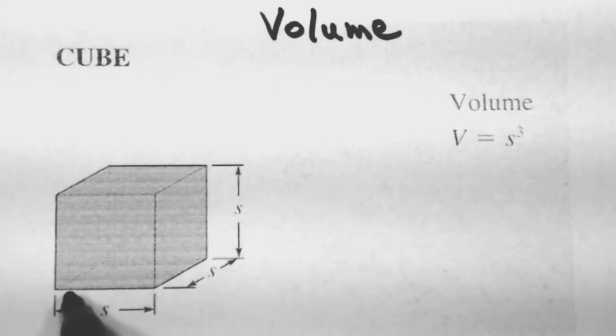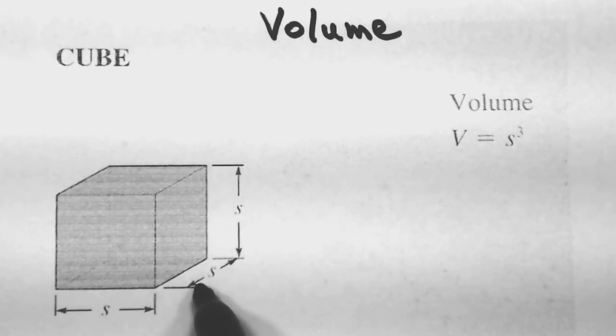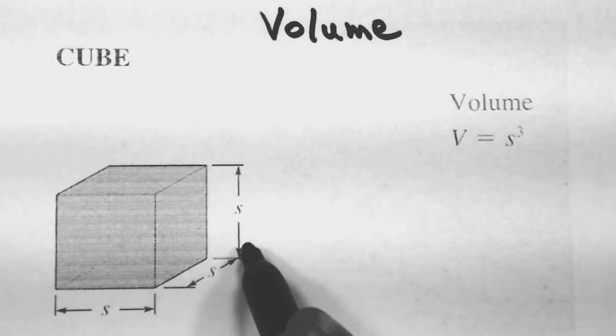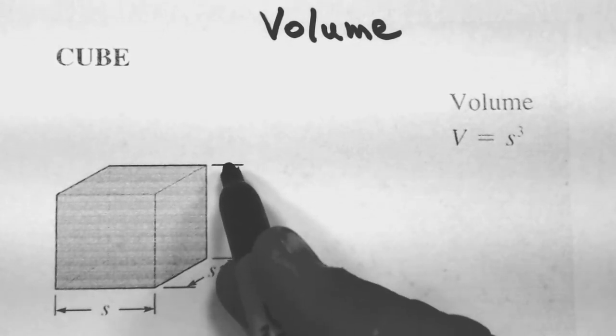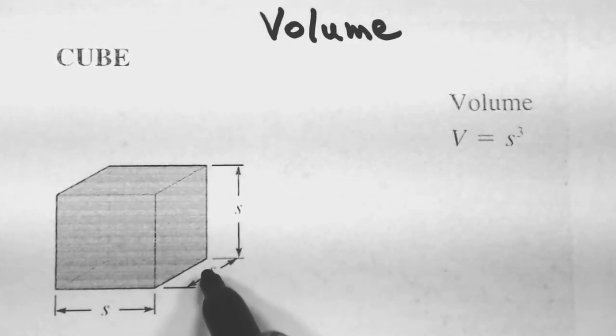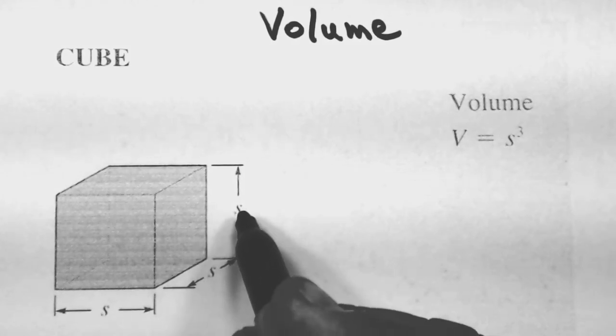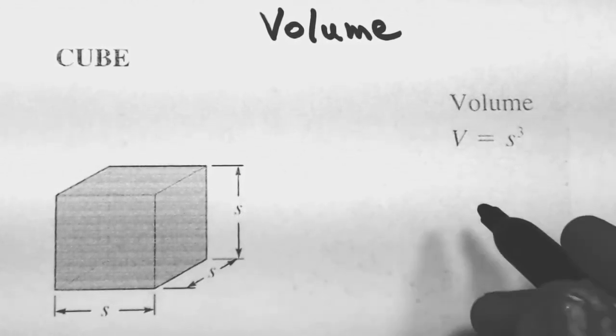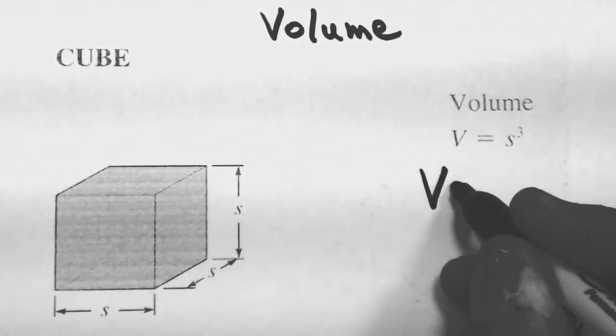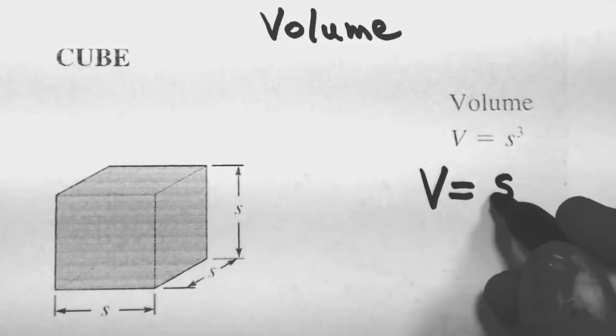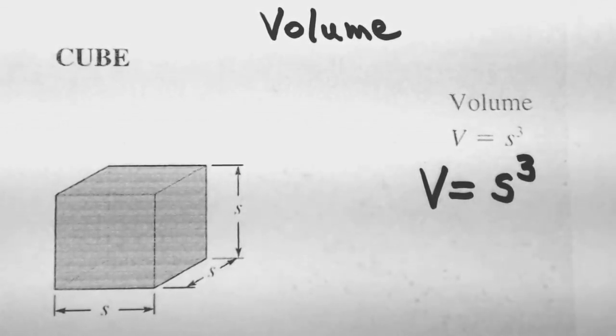Well, we take and find the area of the bottom. S times S is S squared. That's the old area formula for just a square. But then you have to multiply by the height. So S times S gives you S squared, multiply by S again, and you got three of them multiplying each other. So that's where we say V equals S cubed.